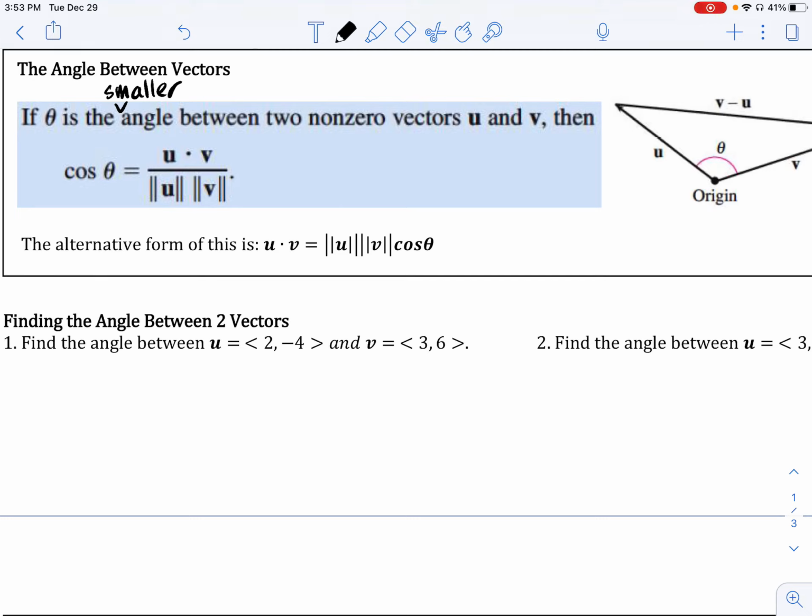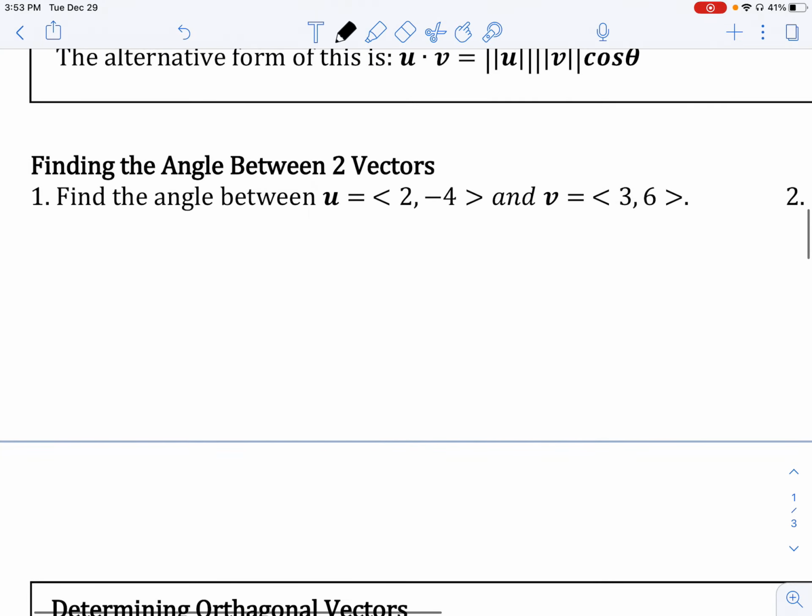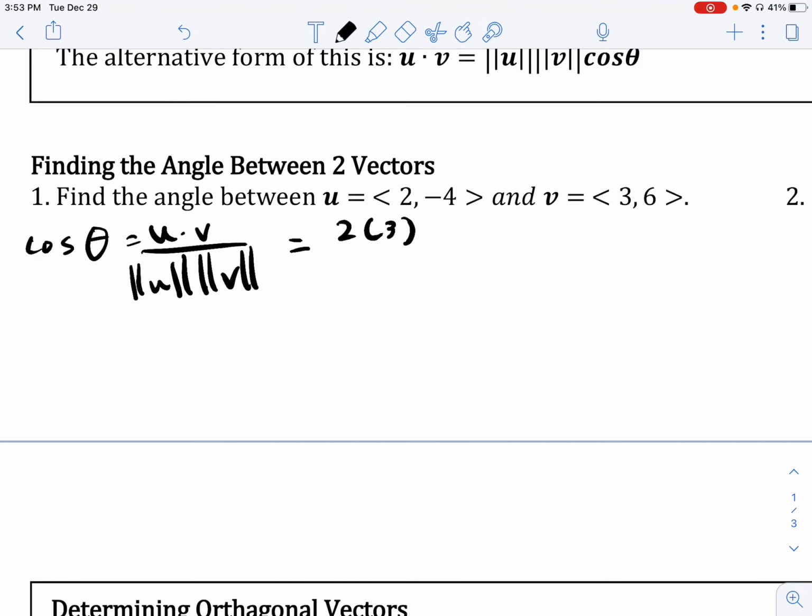So let's jump into an example of this. For number 1 here, we're going to find the angle between these two vectors. We say cosine of theta is equal to the dot product of u and v divided by the product of their magnitudes, the magnitude of u and the magnitude of v. Well, let's find our dot product. The dot product is going to be 2 times 3, our horizontal components, plus -4 times 6.